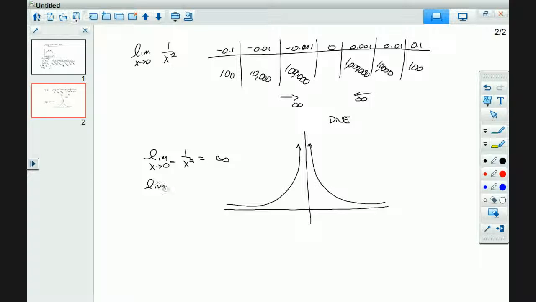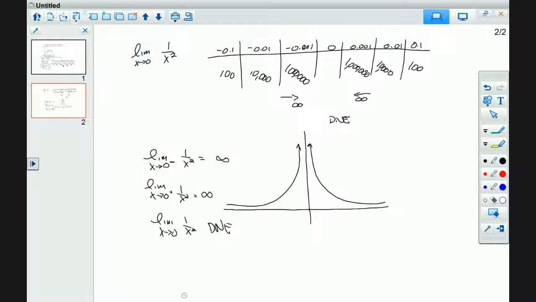Be careful on that one. Look what I wrote: that's only this side, this is only the right side, and this is both sides.